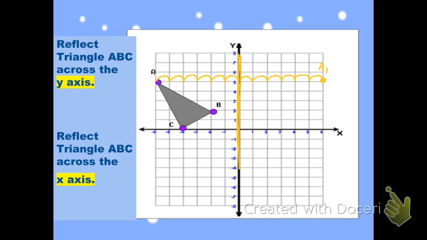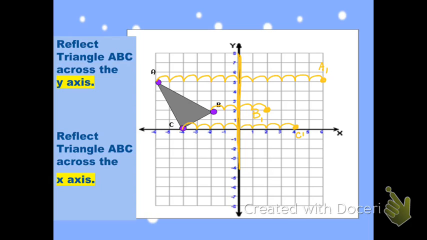Okay, let's do B. How far is B from the y-axis? 2. 1, 2. So go 1, 2. And this is B sub 1. And then let's do C. C is 1, 2, 3, 4. So we're going to go 1, 2, 3, 4. Put a dot, and that is C sub 1.